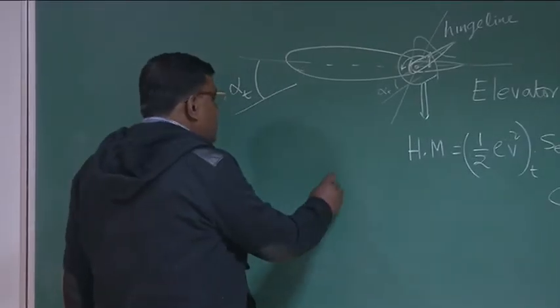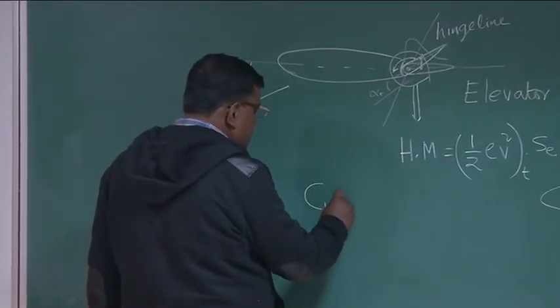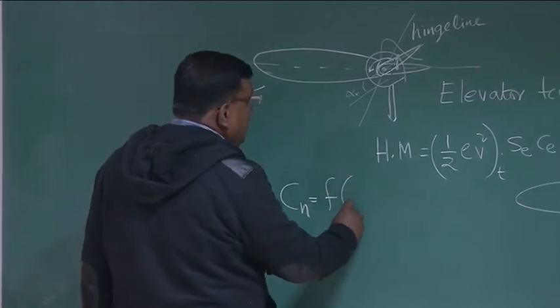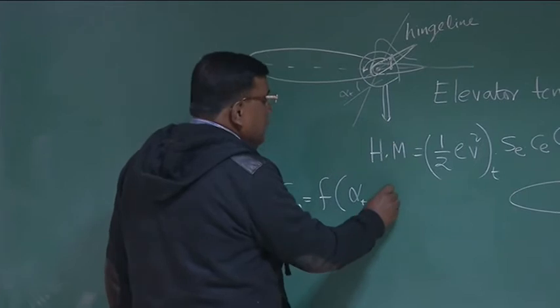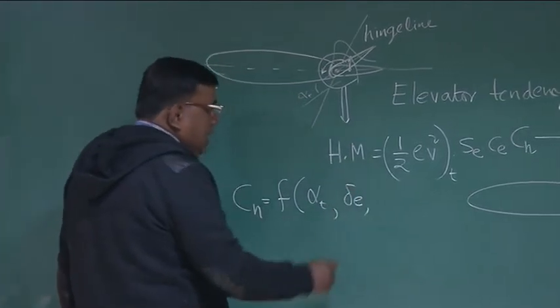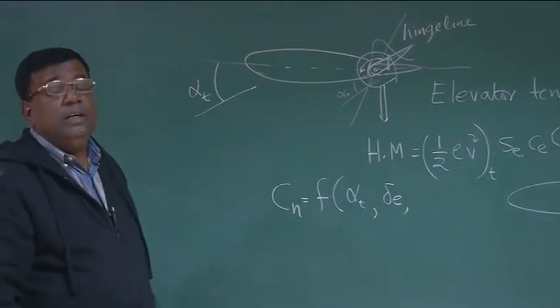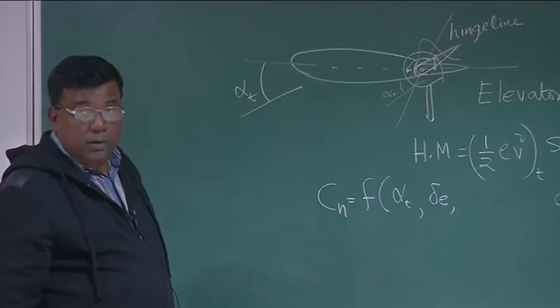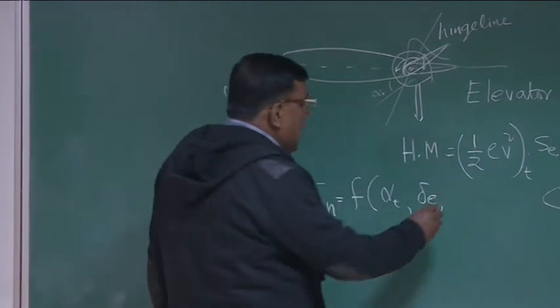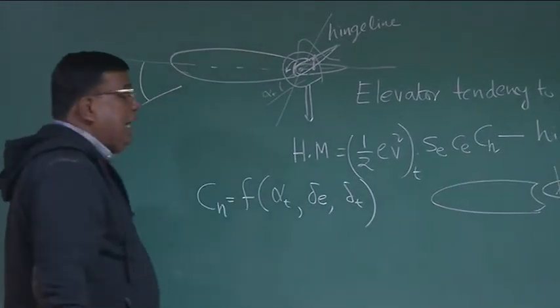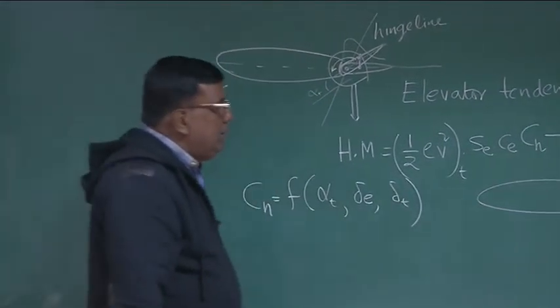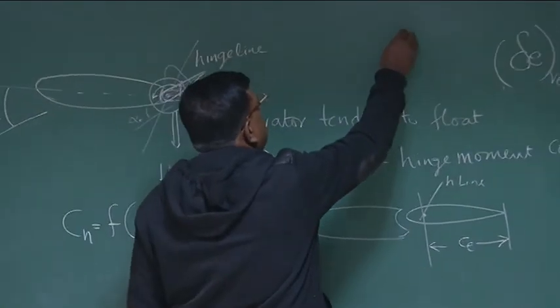We need to know how CH will vary. CH will be a function of alpha tail, obviously. CH will also be a function of elevator deflection, because that will generate a different pressure distribution over the elevator. And CH also will be a function of delta T if there are some tabs. I will discuss tabs if time permits.